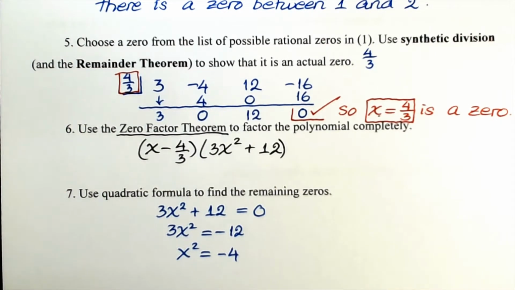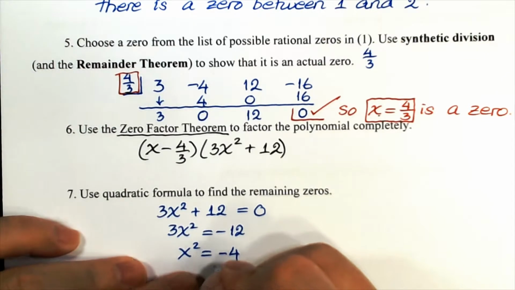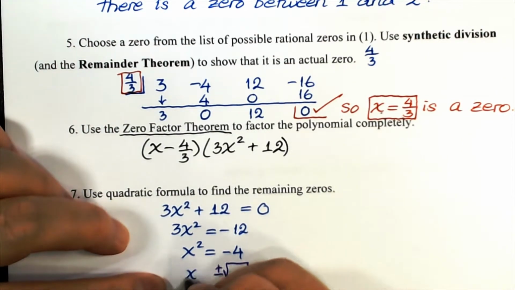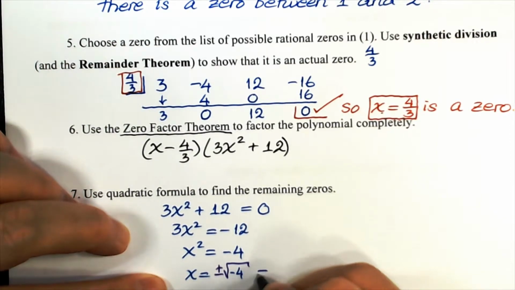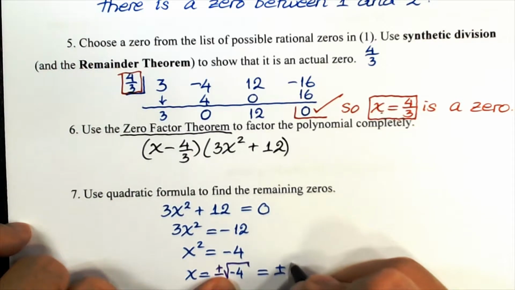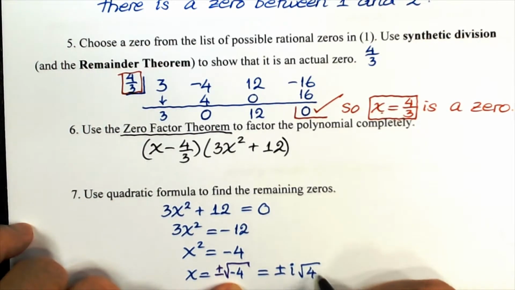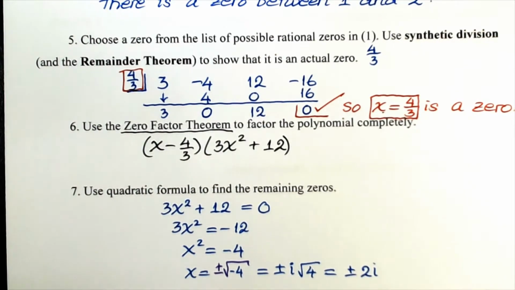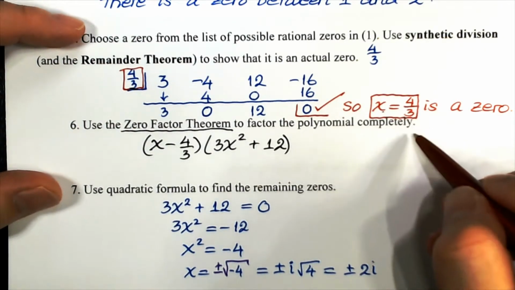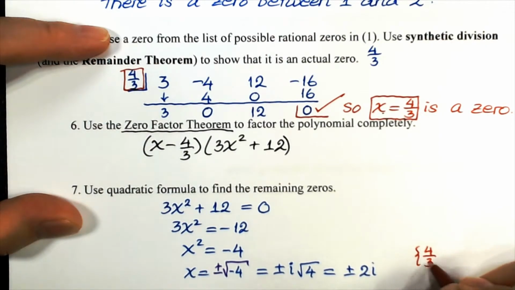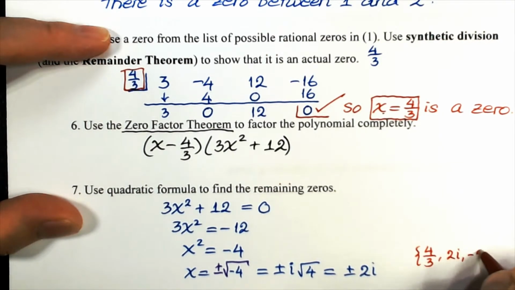Taking the square root on both sides, and don't forget the plus or minus. The negative inside the square root is imaginary i. Square root of 4 is 2, so we just have plus or minus 2i. So for that polynomial from the beginning, the zeros are 4 over 3, 2i, and negative 2i.